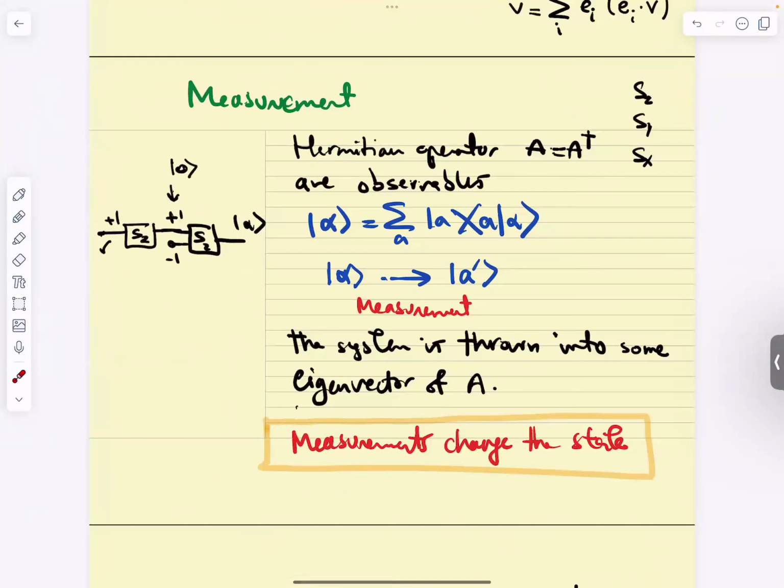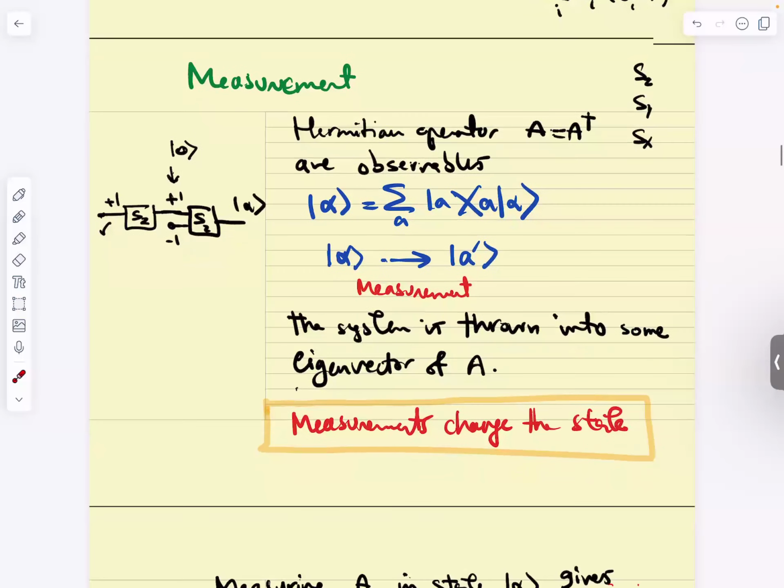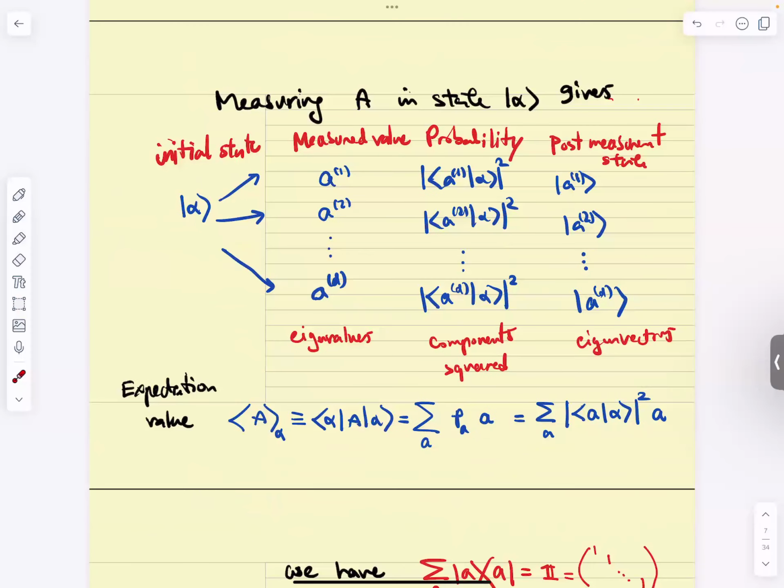So we were here, right? We said that the measurement throws you into an eigenket. So how do we describe the measurement? If you measure an observable A that's initially, before your measurement, in some state ket alpha, there are D possible outcomes, 1 to D, in a D-dimensional Hilbert space. For example, if you have a qubit, there are just 2 possible outcomes.